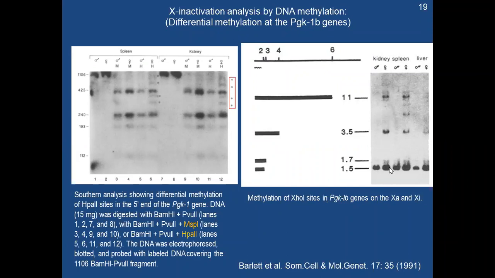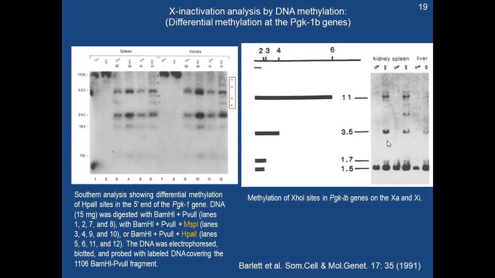The females have an active X chromosome too, and therefore we see this band, but they also have methylated DNA corresponding to the regions of the PGK gene. Because this only happens in females, it means that most likely methylation is also part of the inactivating events in X chromosome inactivation. Okay?